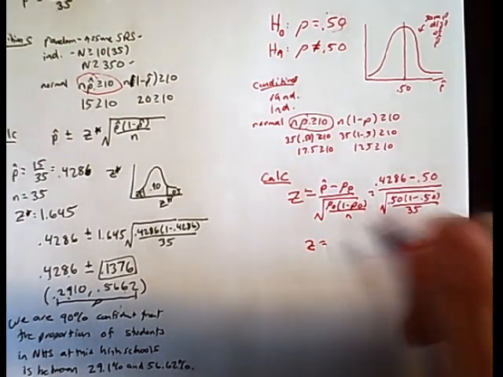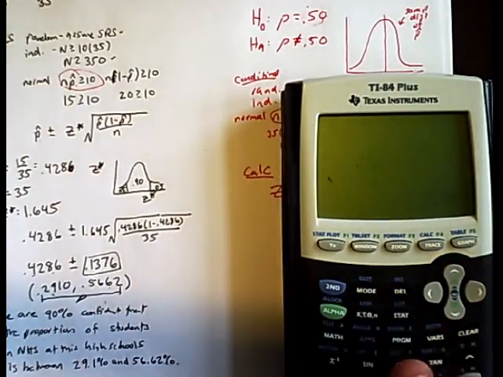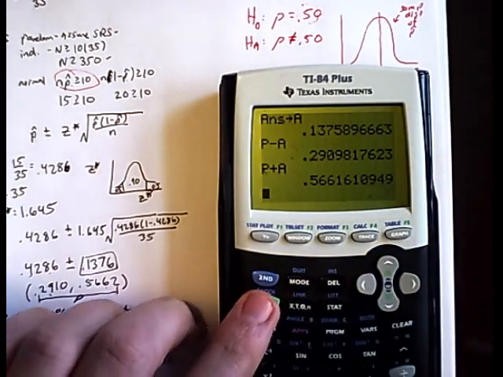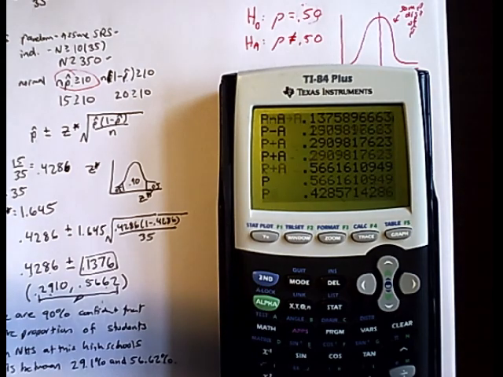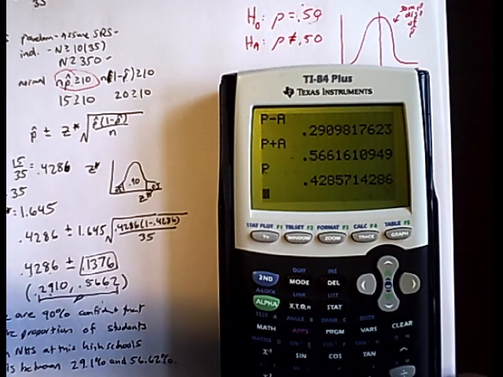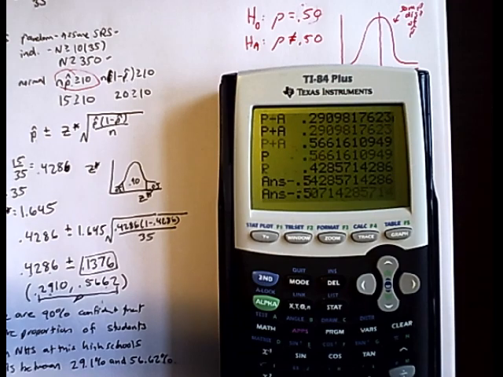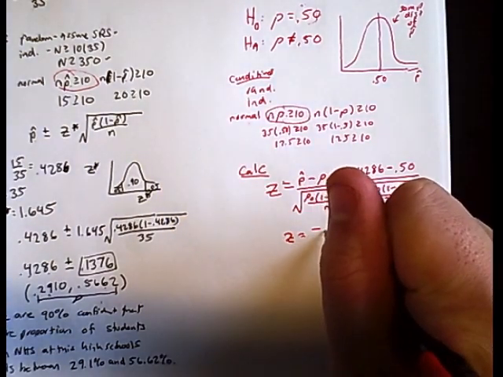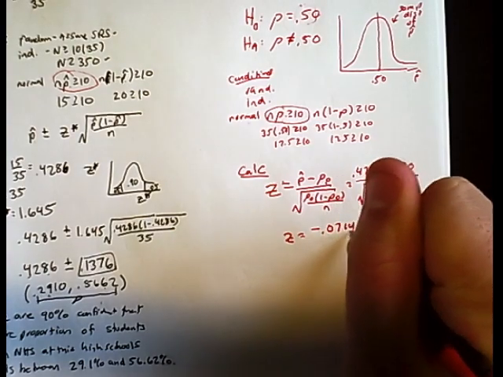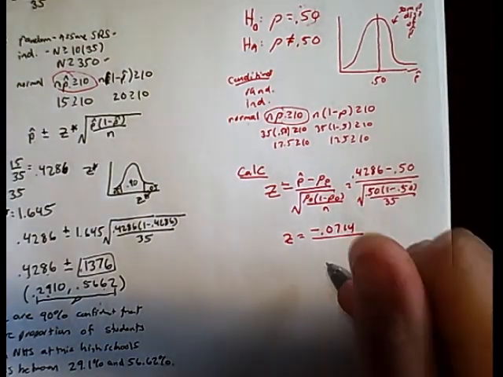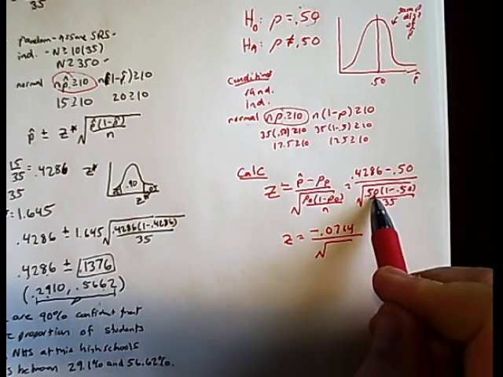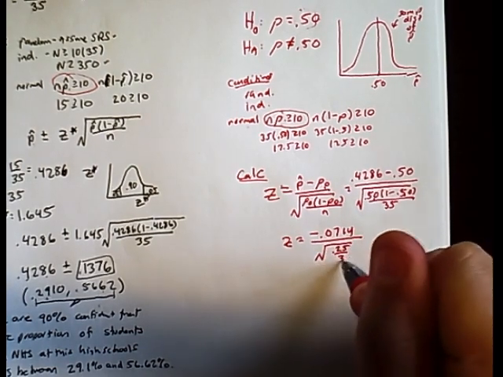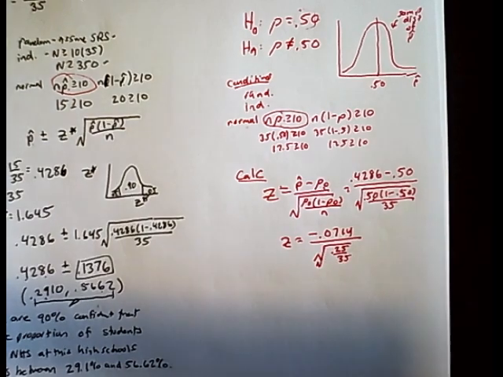So let's calculate that out. Remember that my sample proportion was right there, minus 0.5. So that's negative 0.0714 divided by... Okay, if I take 0.5 times another 0.5, that's a fourth, so we're at 0.25.